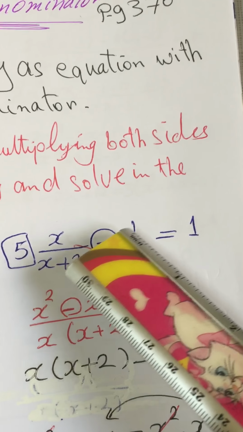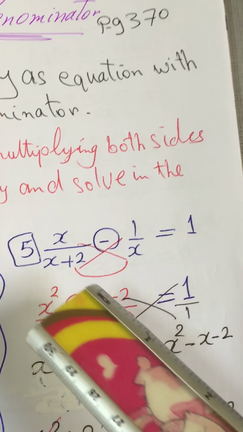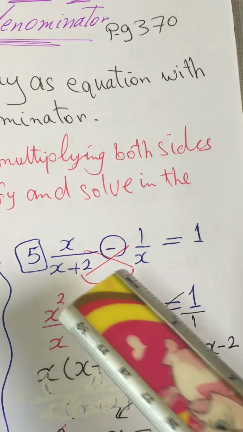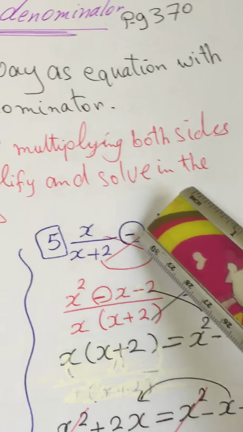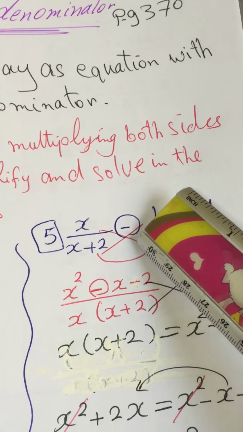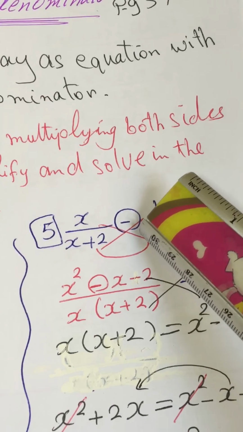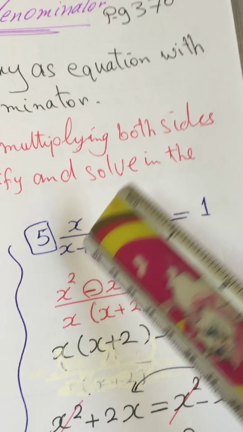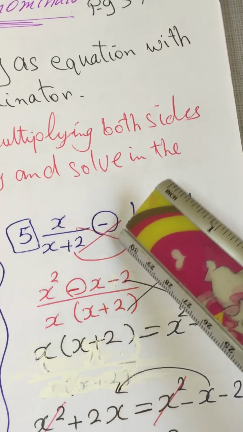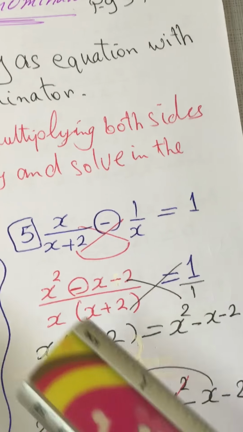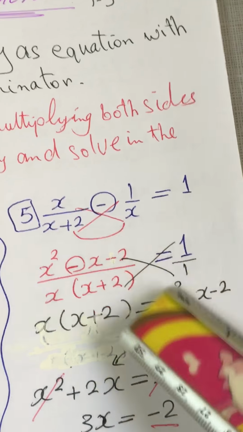Minus 1 multiply x plus 2, so it will be negative x, negative 2, because we have subtraction. I said a lot, take care of this sign. If you have this sign, it will change the sign of everything after it. So 1 multiply x, 1 multiply 2: it will be negative x and negative 2. Over the common denominator, equal 1 over 1.